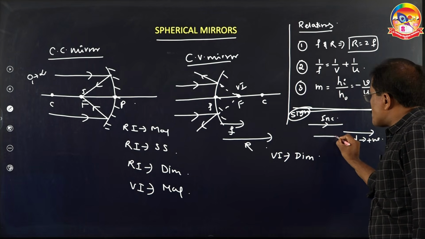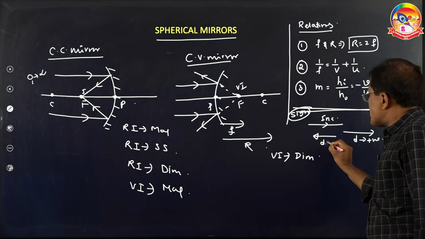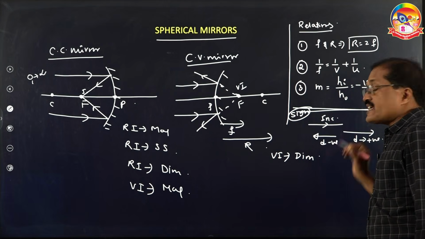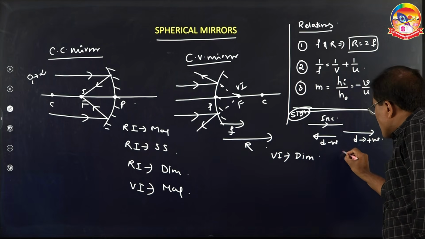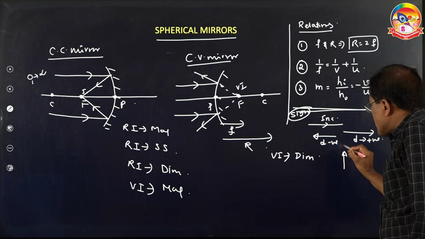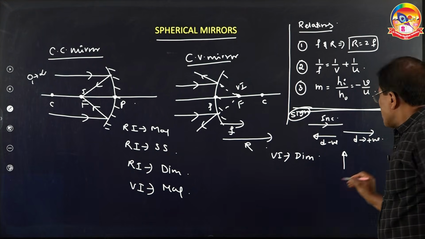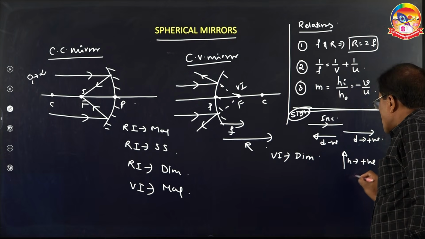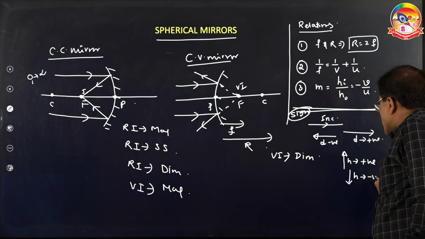Any distance we measure opposite to the incident ray is to be taken as negative. And for the size of image or object, any size vertically upward, erect, is said to be positive, and the size which is inverted is always to be taken as negative.